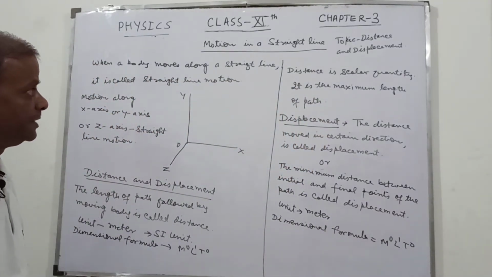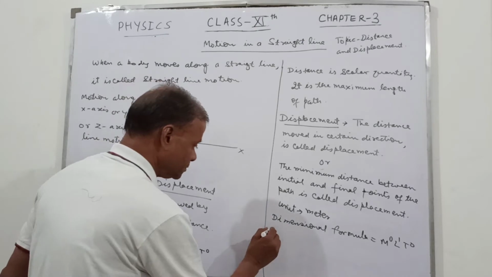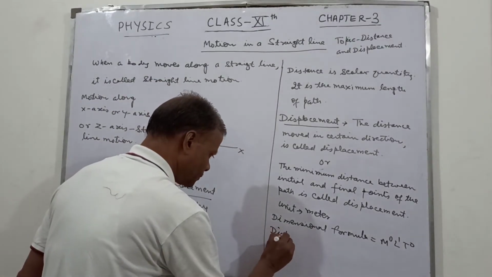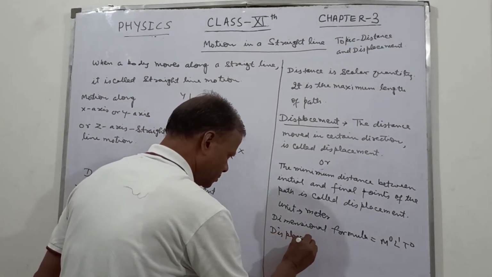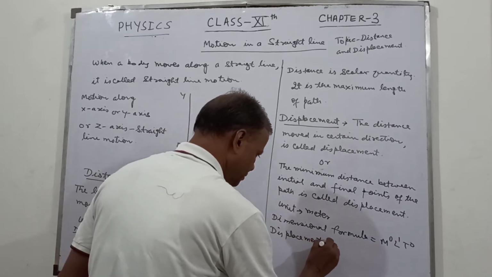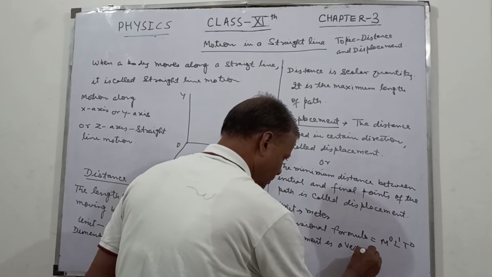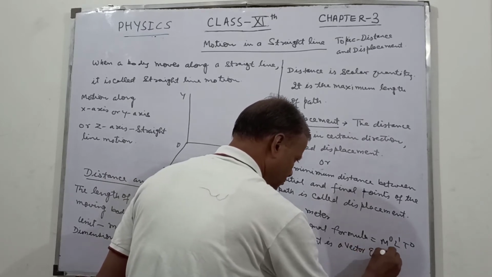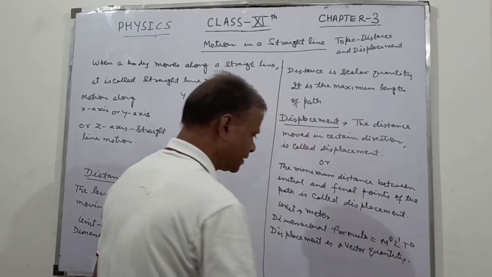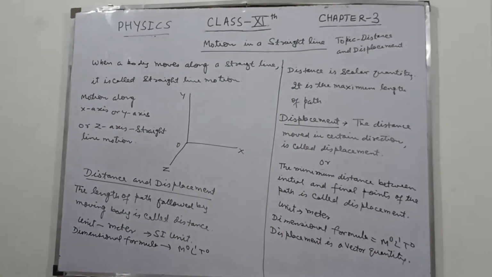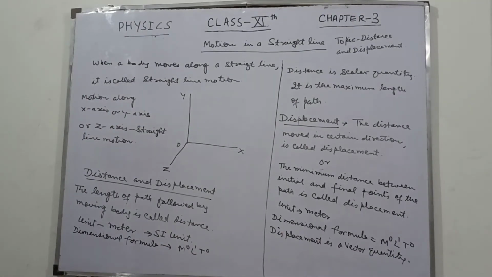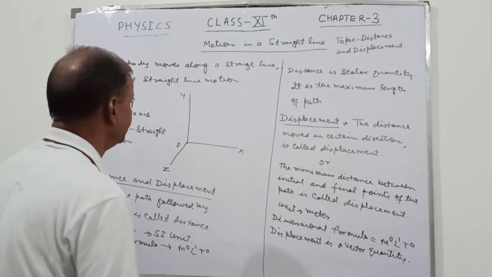And so this is a vector quantity. Displacement is a vector quantity. So now I will give you some example of this distance and the displacement.